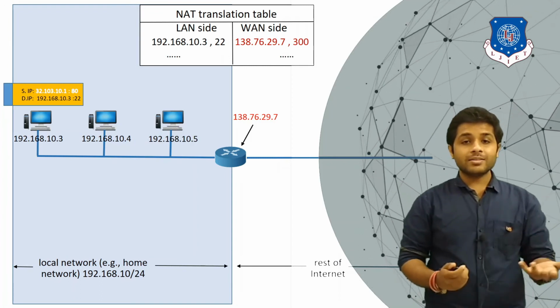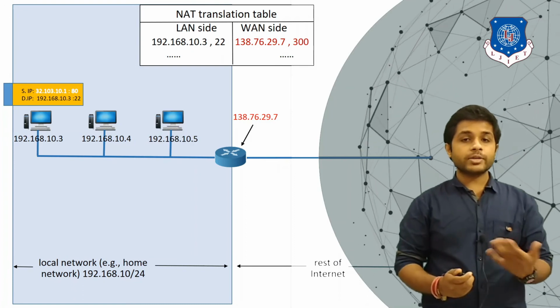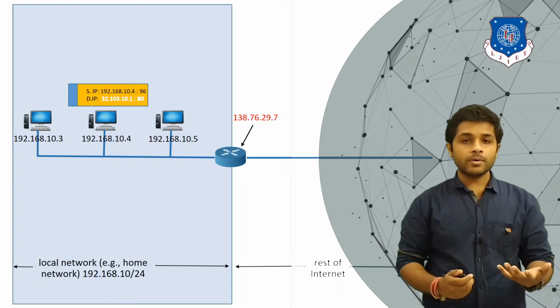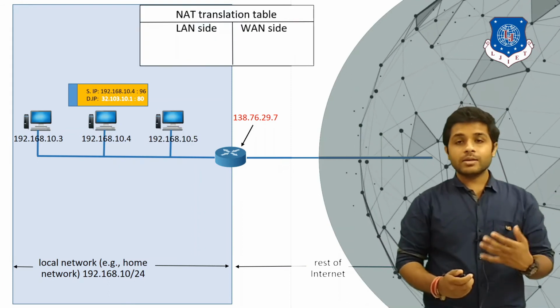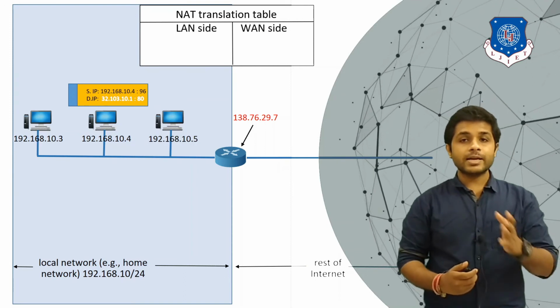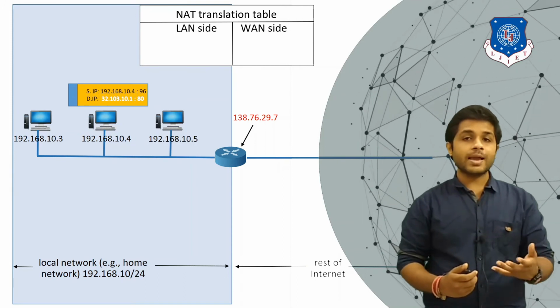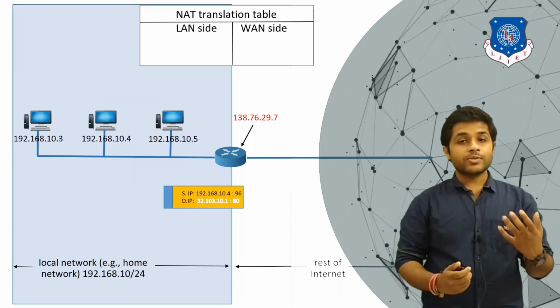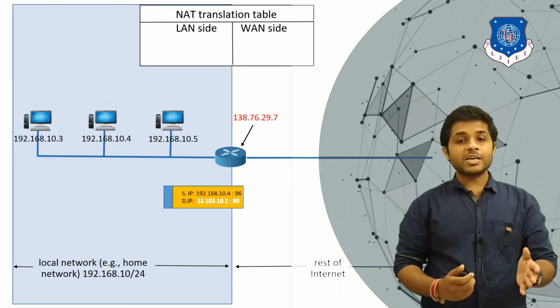Suppose another device, 192.168.10.4, wants to send a message. The same procedure will be followed. In the initial stage the table has no entries for the LAN side and the WAN side. When the router receives the message, it will analyze it and make a change.